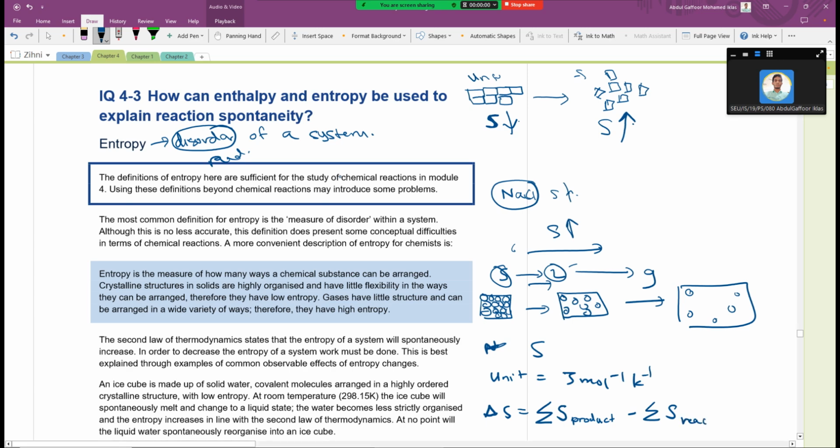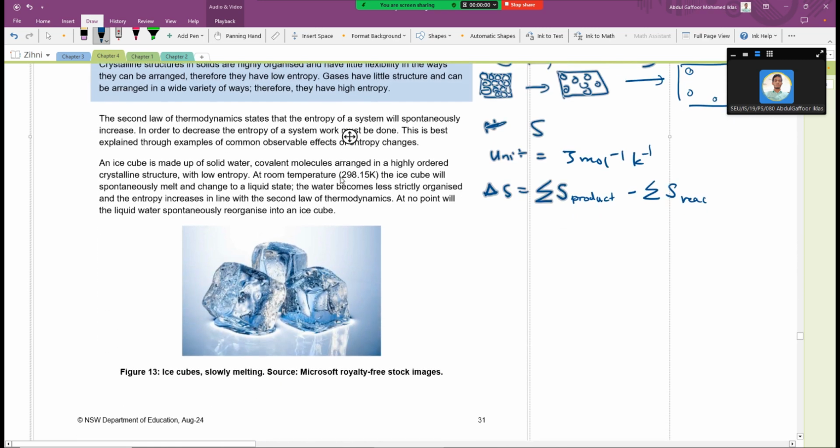For each reactant and product, we will be given individual entropy values. Then we have to sum up the products' entropy and the reactants' entropy, and find the difference, right? There are many paragraphs, you can just read them. Now you see here they have given an example.